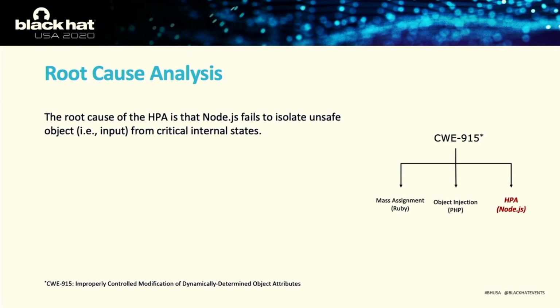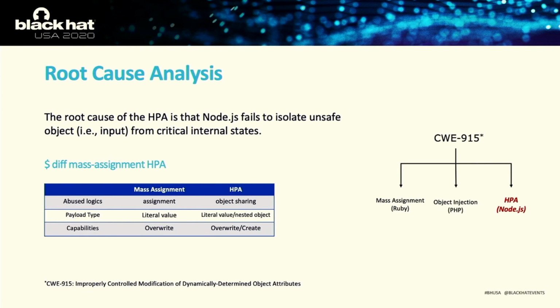Although these variants share the same behavior feature dominated by 915, they all have their own patterns due to the language differences. For example, Ruby mass assignment is a set of vulnerabilities discussed in the widely used Ruby web framework called Ruby on Rails. Unlike HPA, the attacker does not pass objects into the Ruby program. Instead, the attacker abuses a framework-specific assignment feature to tamper with the existing object associated with the assignment.